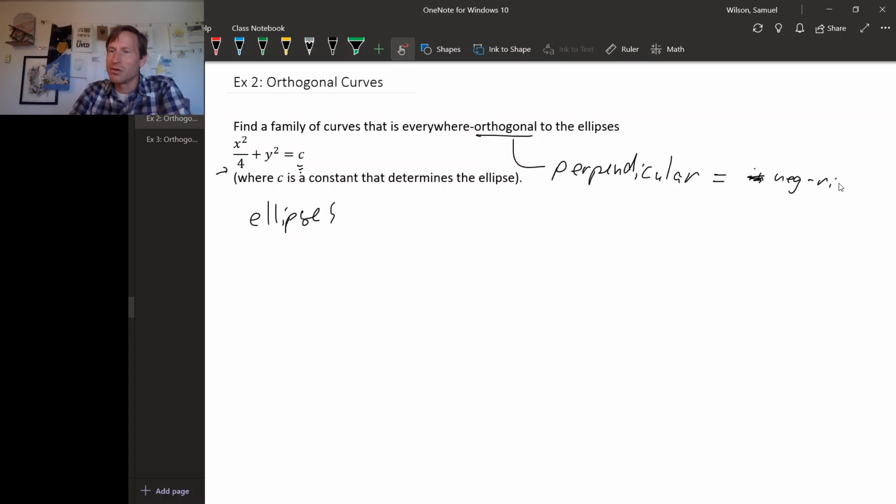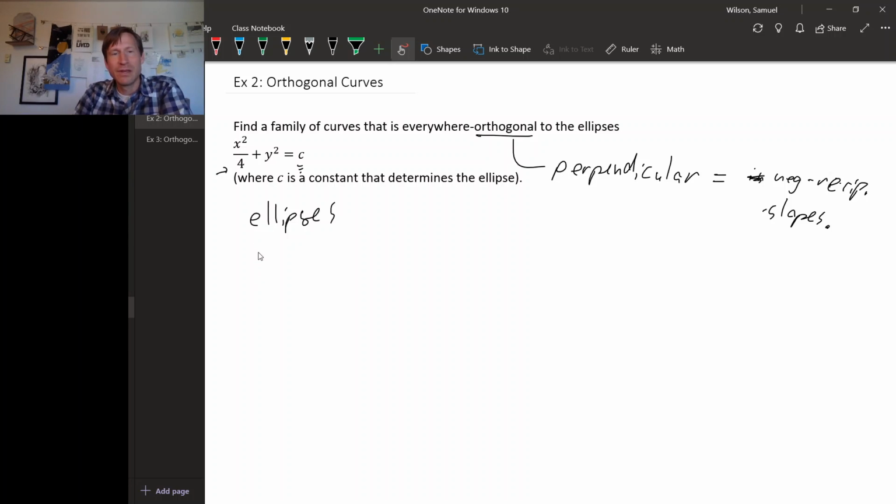So if we can figure out the slopes of all the ellipses, then maybe we can translate that into a family of curves that has the negative reciprocal slopes.